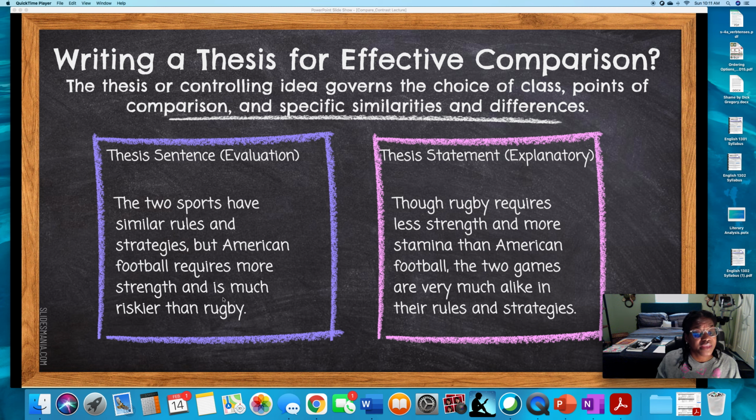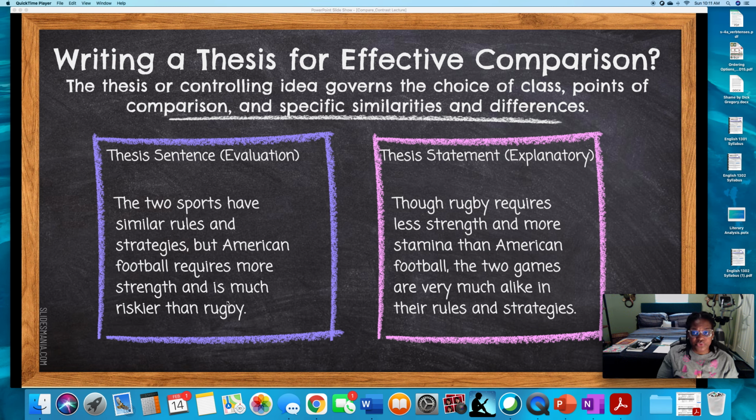I'm telling you that this one is much riskier, all right, so as to give you the information to cause you to either want to take it up or want to play rugby instead of playing American football. So I'm basically telling you that this is a risky sport and it may be one that you want to stay away from. So I'm weighing or evaluating the characteristics of this subject, right?